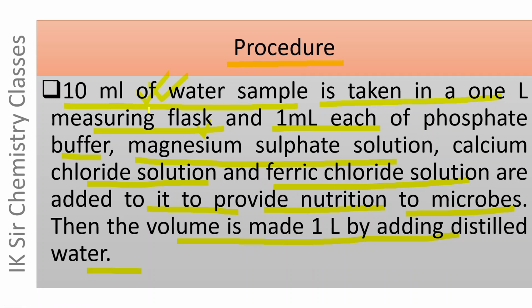10 ml water sample is taken in a 1 liter measuring flask and 1 ml each of these solutions: phosphate buffer solution, magnesium sulfate solution, calcium chloride solution and ferric chloride solution are taken in the measuring flask, and then the volume is made 1 liter by adding distilled water.